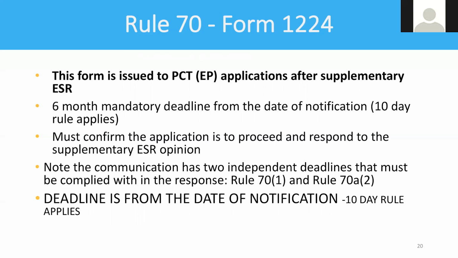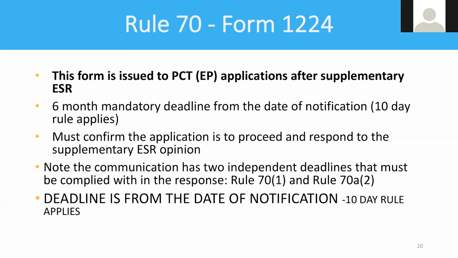So this form is issued after a supplementary ESR. A 6-month mandatory deadline from the date of notification applies. And remember, the date of notification is 10 days from the mailing date, so the 10-day rule comes into play here. You must confirm that the application is to proceed and respond to the supplementary ESR.